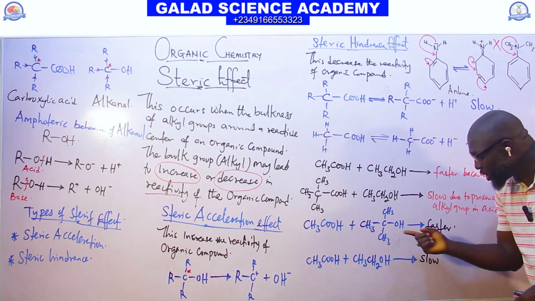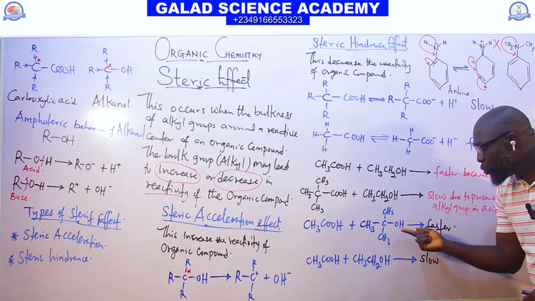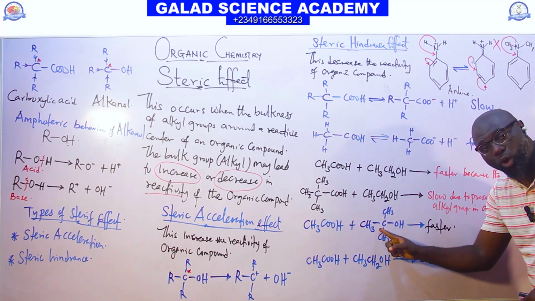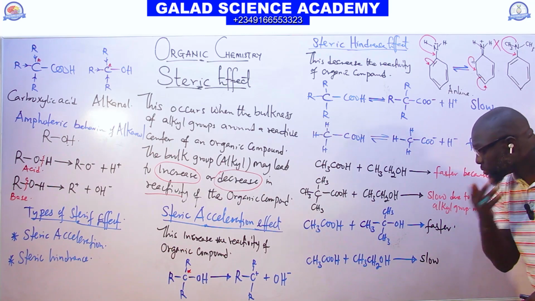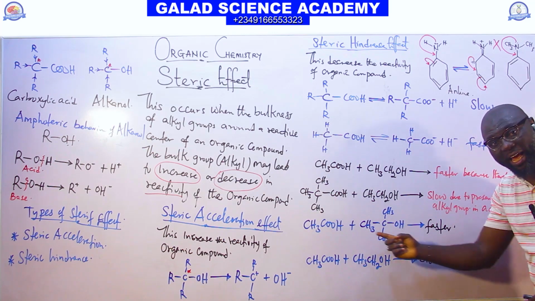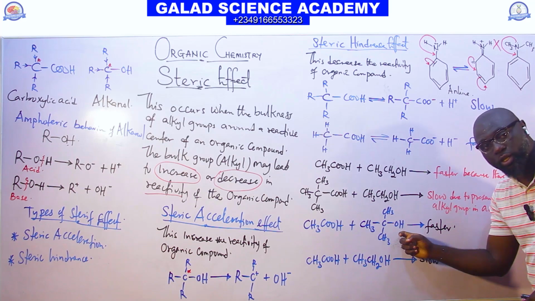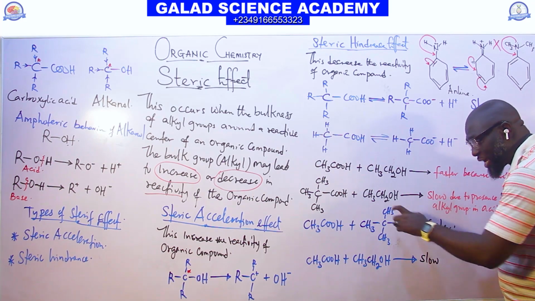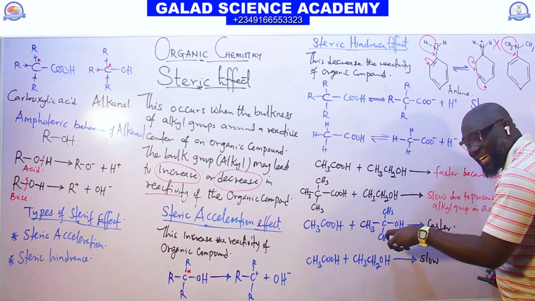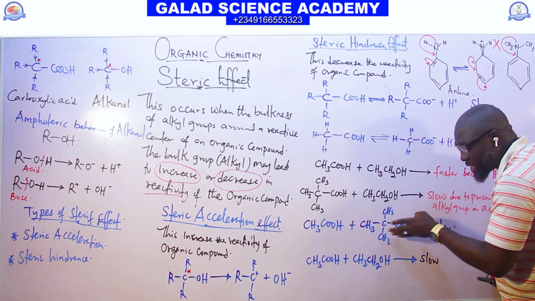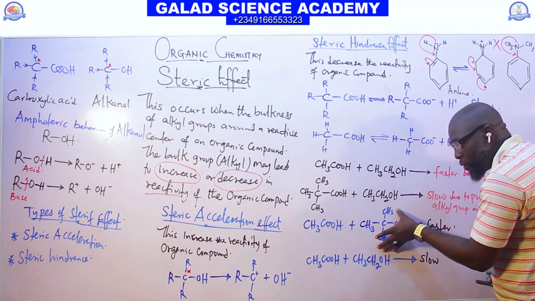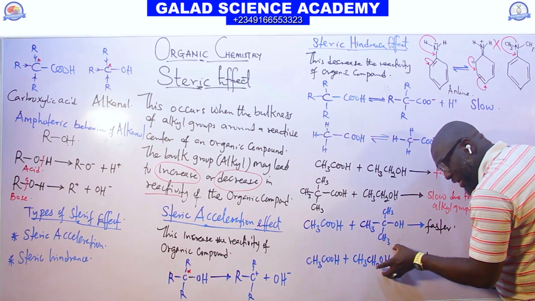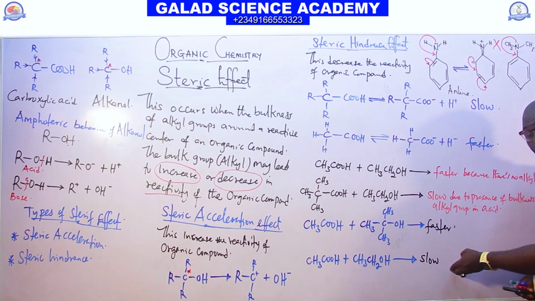The bulkiness of the alkyl group in this alkanol makes it easier for the 2,2-dimethyl ethanol to release the OH. The bulkiness of alkyl group here increases the basicity of this alkanol, favoring the release of the OH.